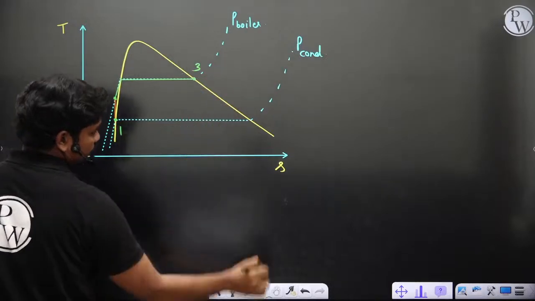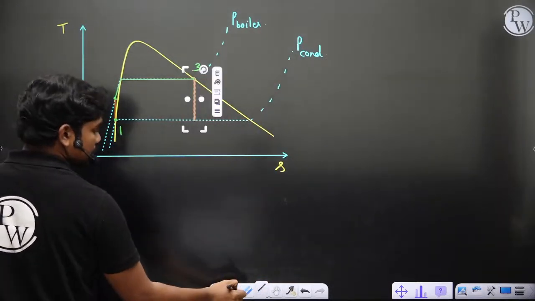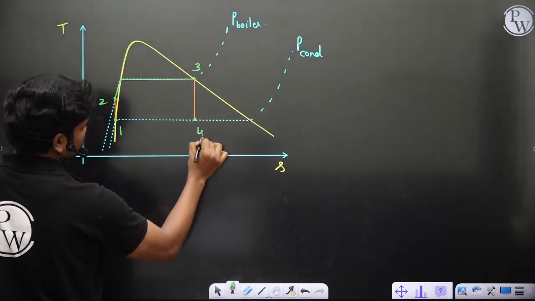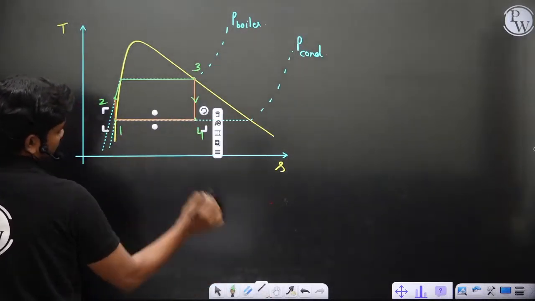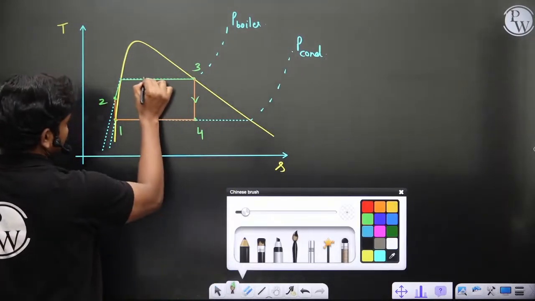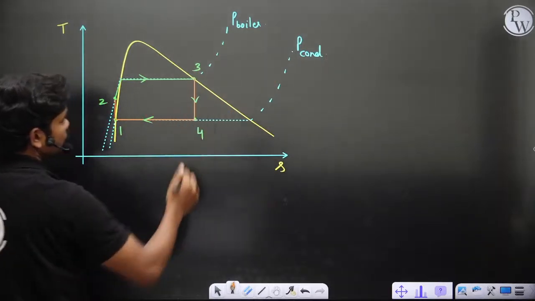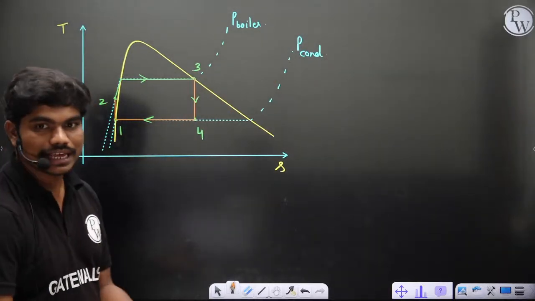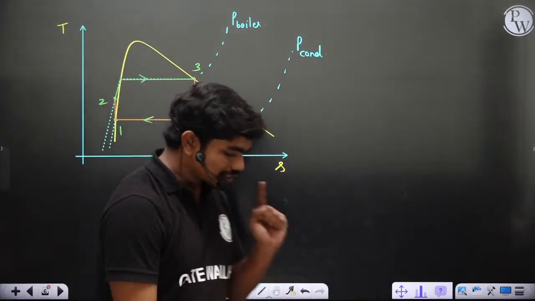Then 3 to 4 is this expansion, and 4 to 1 is what you have as the heat rejection. Anyway, I'm just writing things. This is P boiler and P condenser. This is the cycle that we got in the ideal Rankine cycle.